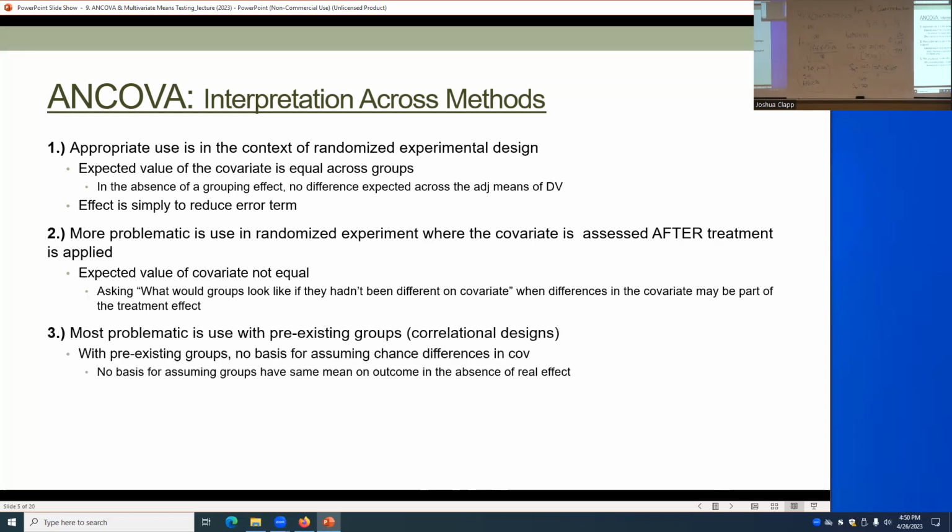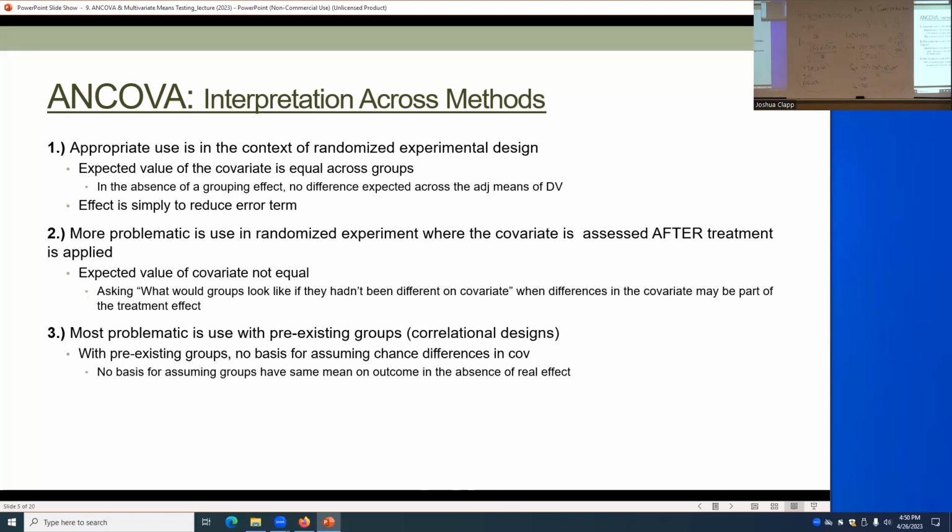Most problematic is when we use pre-existing groups, which is what we almost always do in clinical work, because we can't randomly assign people to ADHD or alcohol use or any other such thing. With pre-existing groups, there's no basis for assuming chance differences in the covariate, particularly if I've specifically selected a covariate that in part defines my grouping variable.